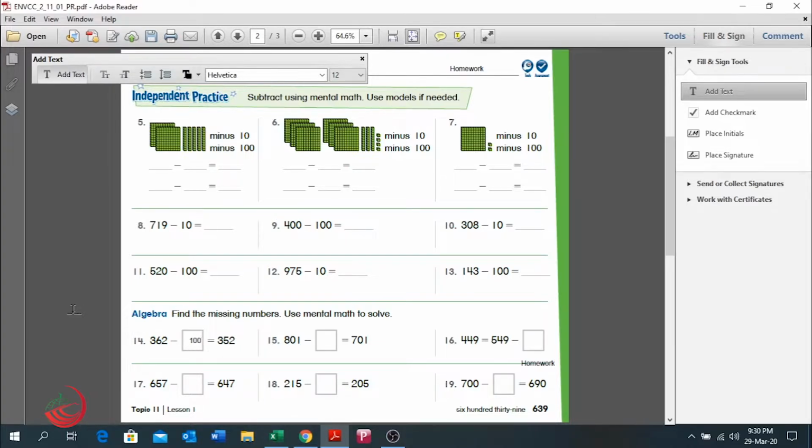Is this correct? If I wrote 362 minus 100 equals 352, is this correct? It's not correct, because the hundreds digit did not decrease. Only the tens digit, which is the 6. So the 6 minus the 1 equals 5. Okay.